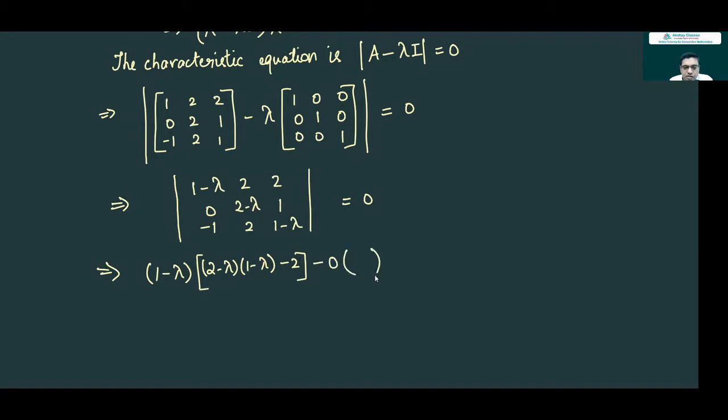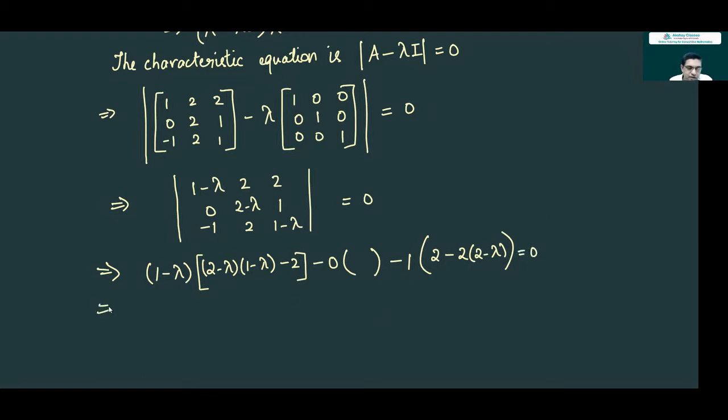Minus 0 times, forget about whatever is the term here. Then the last term is minus 1 times 2 into 1 minus 2 to 2 minus lambda. This is equal to 0.